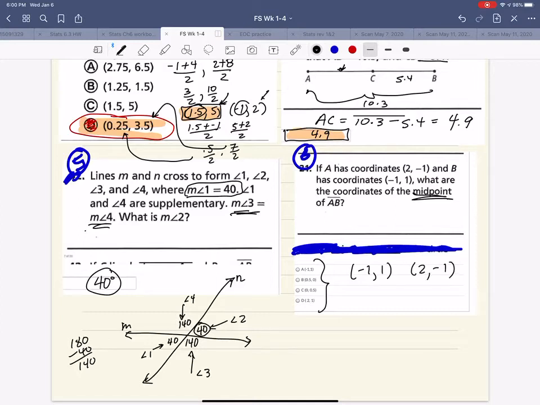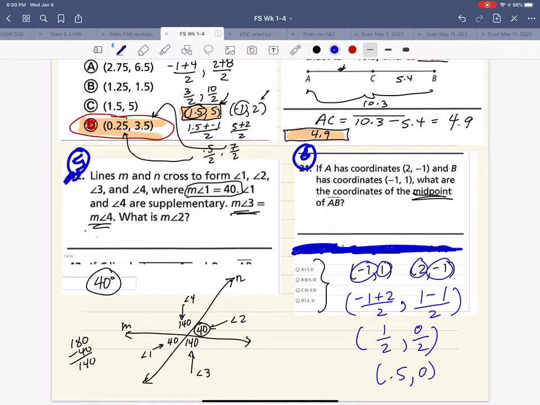I'm going to add the 2 x values and divide by 2, and then add the 2 y values and divide by 2. So -1 plus 2 is 1, divide by 2. 1 minus 1 is 0, divide by 2. So I get 0.5 and 0, and there it is.